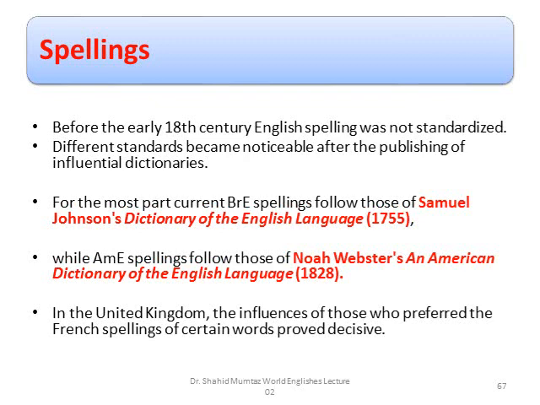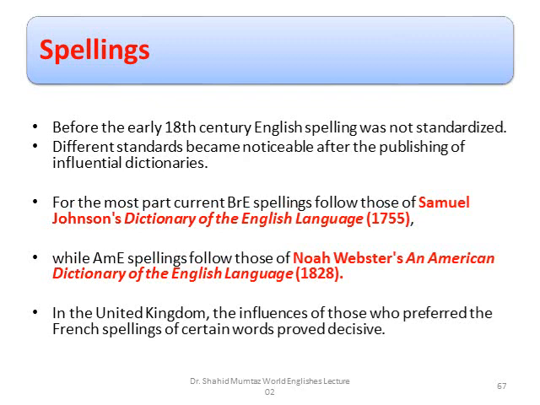Before the early 18th century, English spelling was not standardized. Remember, before 17-something, the English spelling was not standardized. Different standards became noticeable after the publishing of influential dictionaries.